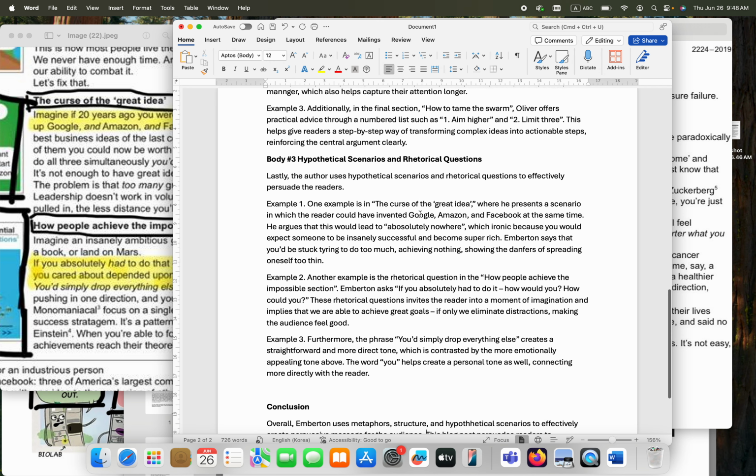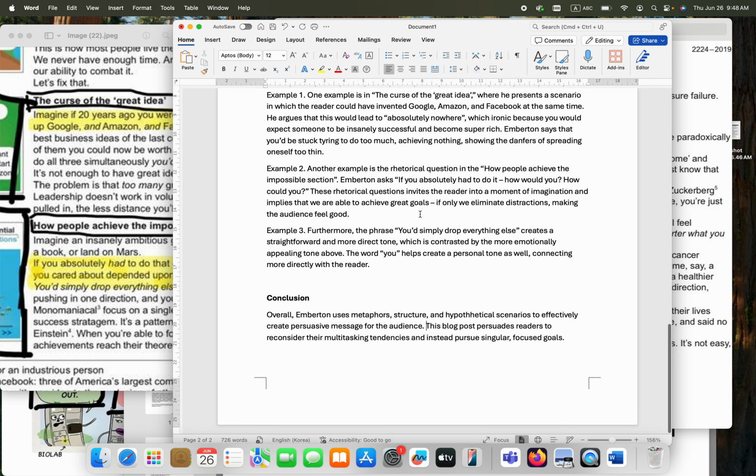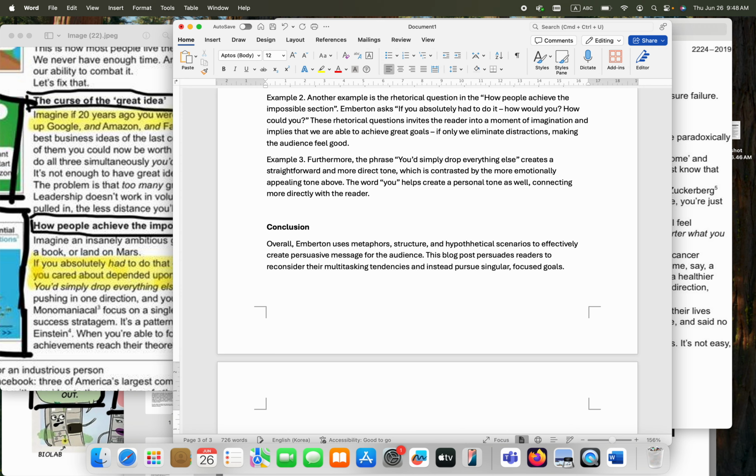And then, of course, the last body, which talks about hypothetical scenarios and rhetorical questions. And then move on to the conclusion, which is just restating your thesis and just connecting it to a real life example, right?